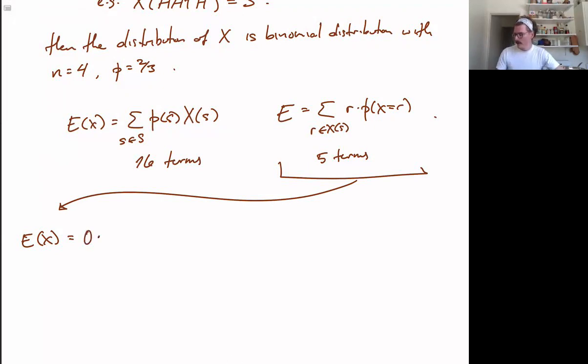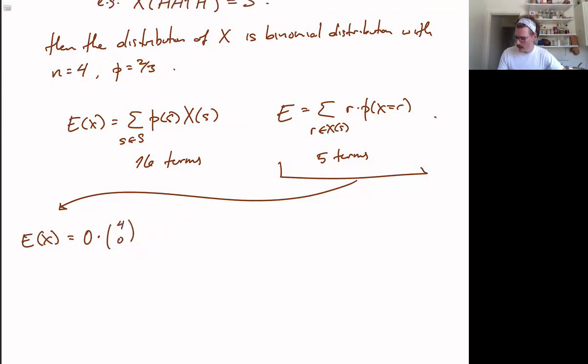And then the probability that it takes this value, remember that X gives us a binomial distribution with parameters n equals 4 and p equals 2/3. So let's remember our formula for the binomial distribution. It is n choose k times p to the k, 1 minus p to the n minus k. So we just replace n and p with n and p, and then k is the thing that we are summing over. So let me erase this and replace it with those numbers.